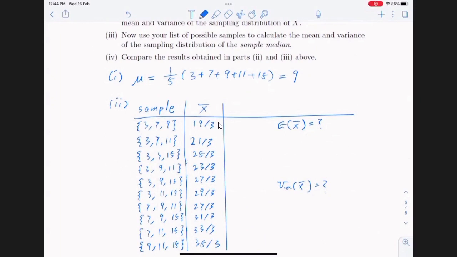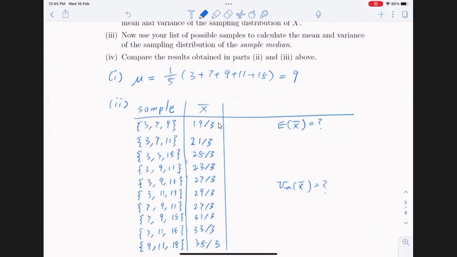So what does it mean by sampling without replacement? In contrast to sampling with replacement, we have a different kind of sampling scheme. If you're asked to draw 3 numbers out of these 5 numbers, just imagine that you have 5 papers with the 5 numbers written on them, and you put them in a bag.